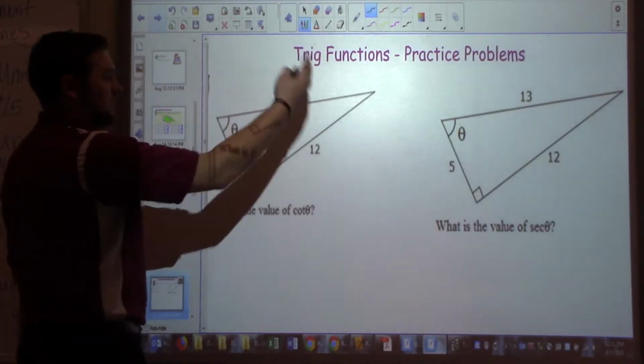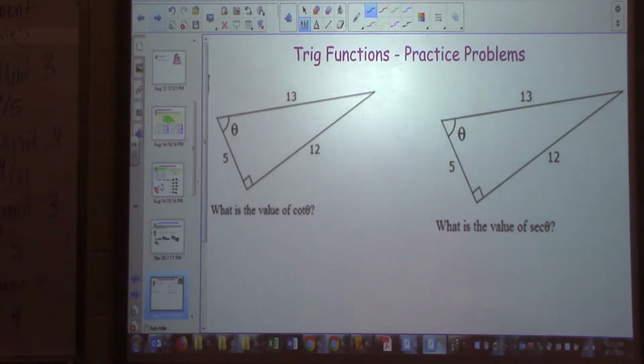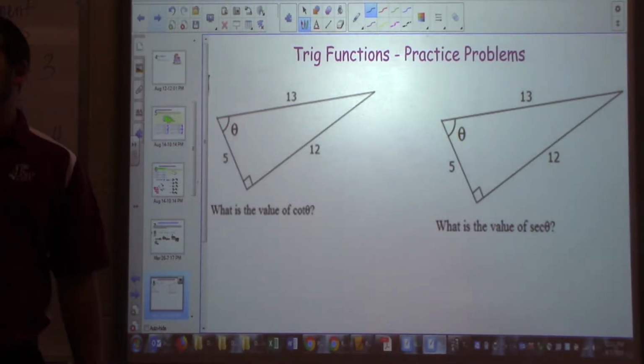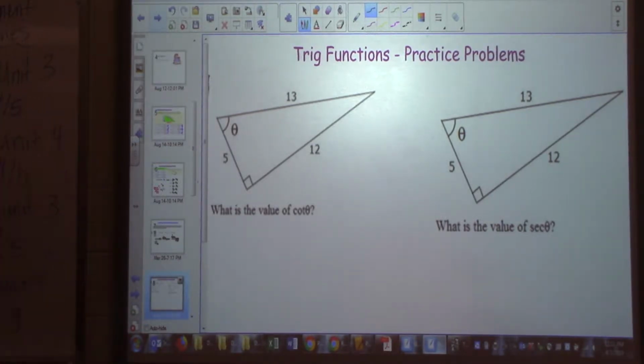So if we give you a right triangle, it has an angle marked theta, and it's got all the sides recorded, we're just going to ask you, what's the value of cotangent? Well, cotangent is the reciprocal of which of our 3 original trig functions? Tangent. Right?